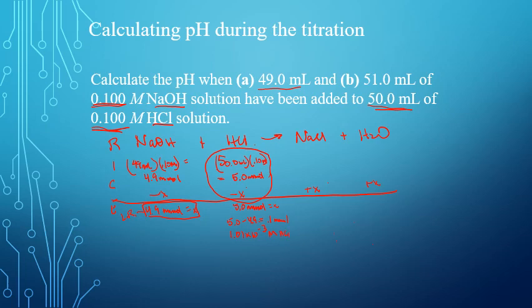Remember, volumes are additive, so since I have 49 plus the 50, my new total volume for the solution, I'll do that here real quick, would equal 49 plus 50 for a total of 99 milliliters. So I divide that out, I get 1.01 times 10 to the minus third molar HCl.